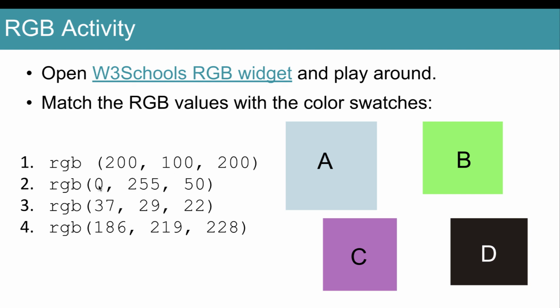Which one has no red but all green and then a little bit of blue? So go ahead and make a prediction and then go to this widget and you can type in these numbers and see if you're correct.